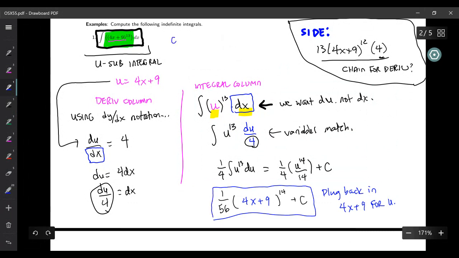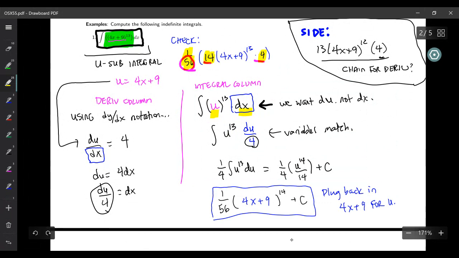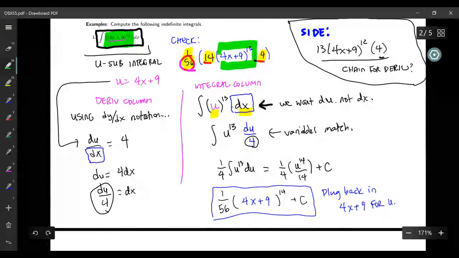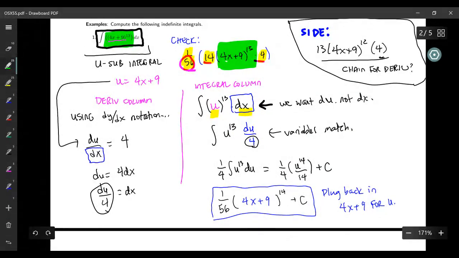And then if we check, if we do the power rule here, so 1 over 56, 14, 4x plus 9 to the 13th power times the derivative of the inside, the derivative of the constant is 0. So if you multiply 14 by 4, you get this 56. So this fraction cancels off. You end up with just this, which is the original problem.